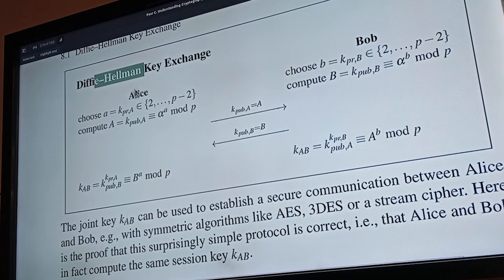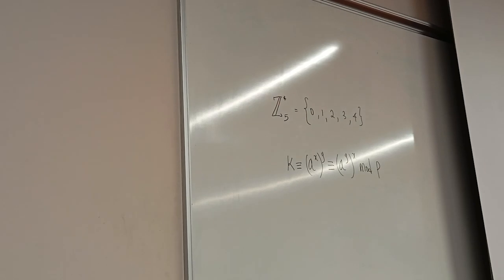Now, the Diffie-Hellman key exchange works this way. We're assuming that the domain parameters are public, like Alice and Bob have access to alpha and p. So what Alice does is that Alice would pick an A. So let's have it on the blackboard.